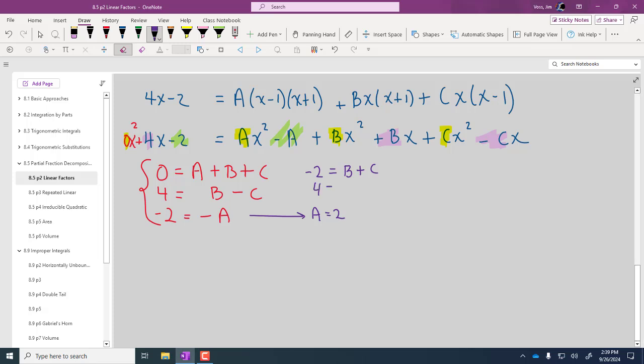Second equation, staying the same. So we've solved for a. Now we have a system that's reduced to just b and c. Once again, it looks pretty straightforward if we just add those. If we add those together, on the left we get a 2, on the right we get 2b plus no c. So this tells us that b is 1.